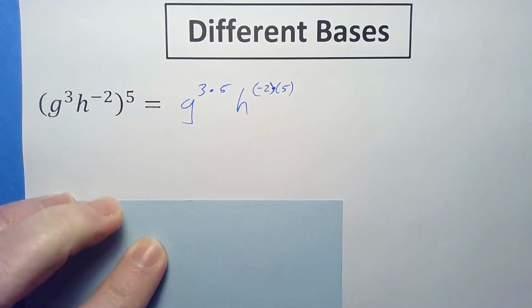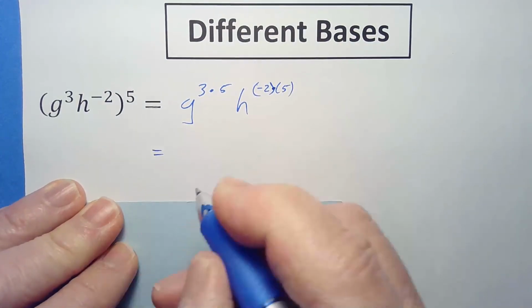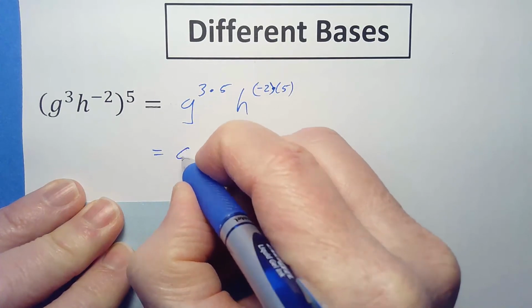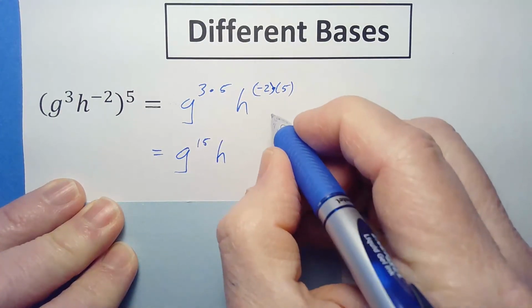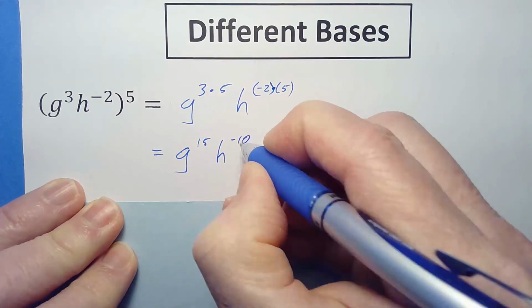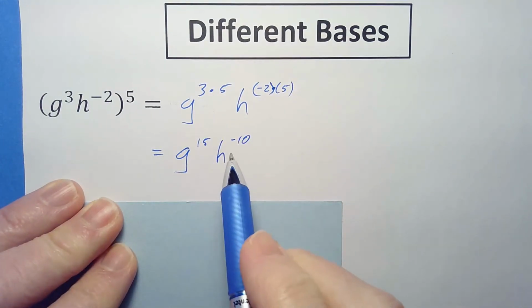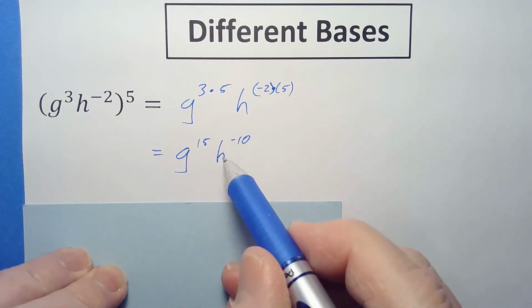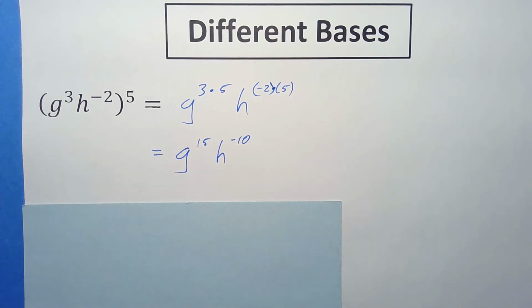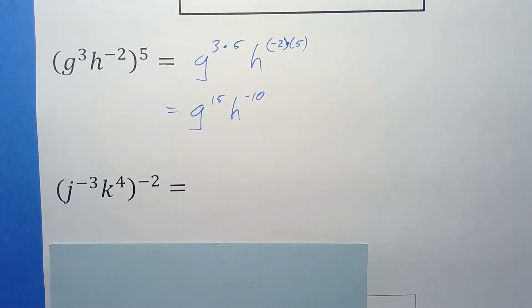Okay, and then I just work it out and I get g to the 15, h to the negative 10. Now again, that's as much as I can do. I can't mush these g and h together in some way. I'm done. That's as far as it goes. So g to the 15, h to the negative 10. All right, let's look at another example.